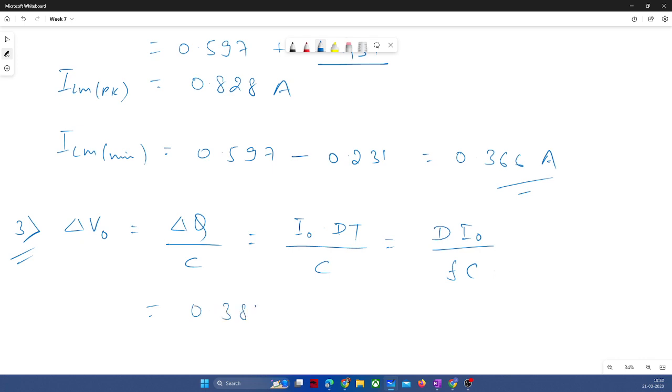D we computed 0.385, into I naught was 1, frequency is 40 kilohertz. Capacitance was given, 200 micro. You compute 200 micro. Oh, yeah, 0.048. You are getting 0.048? Yes. Okay, so I think it should be correct.